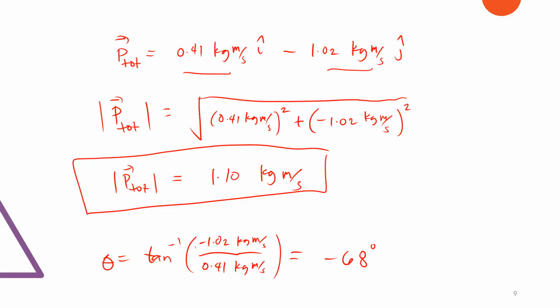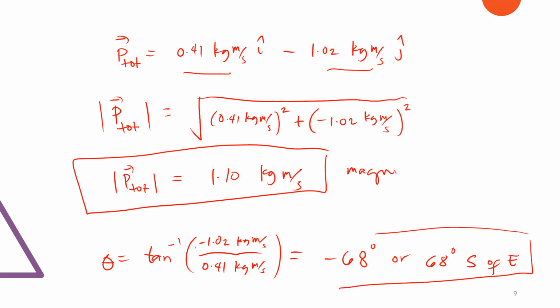Negative 68 degrees can also be written as 68 degrees south of east. So this is now the direction of the total momentum, and this is the magnitude.